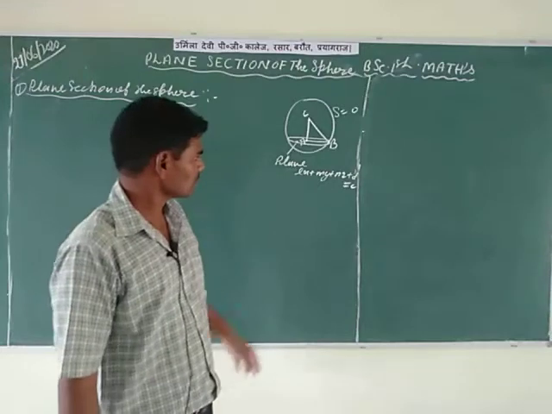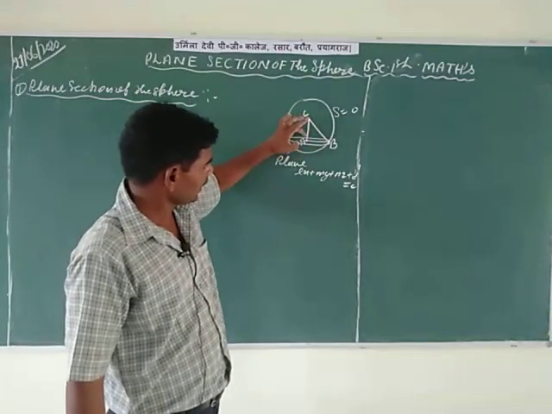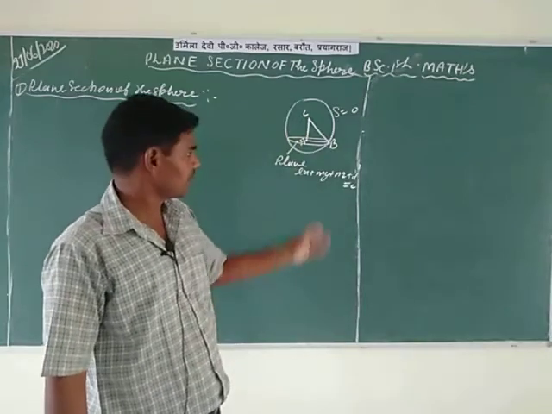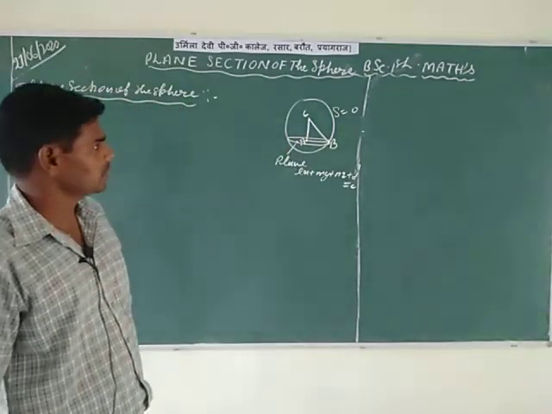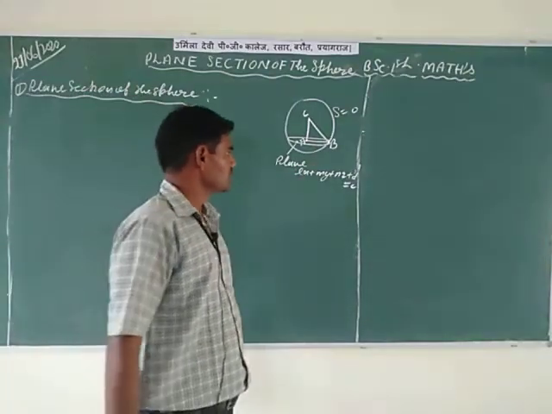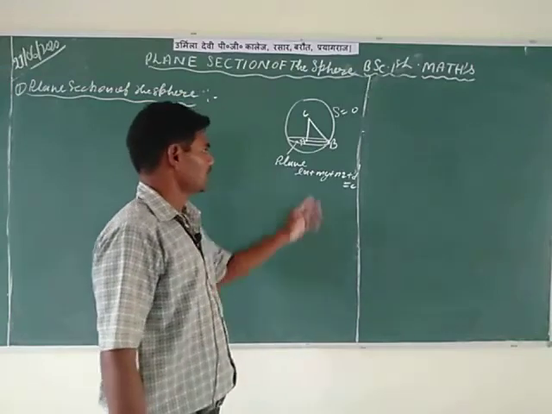In this figure, triangle ABC is a right angle triangle where the angle at point A is 90 degrees, and BC and AC are the hypotenuse and the base and height of the right angle triangle.